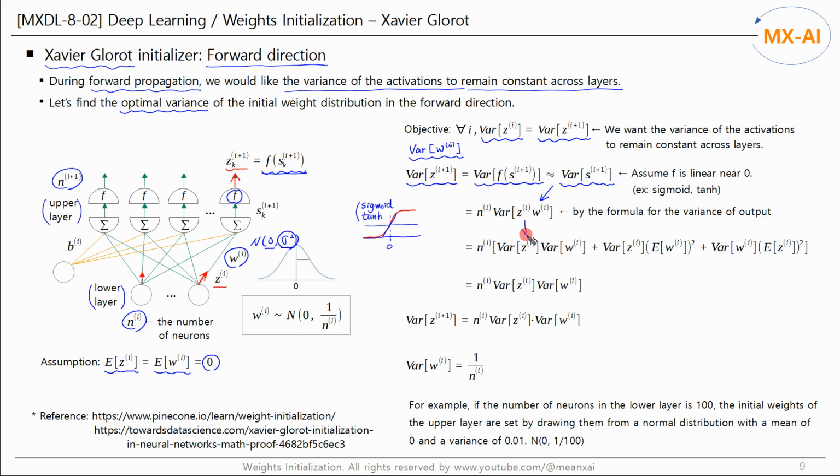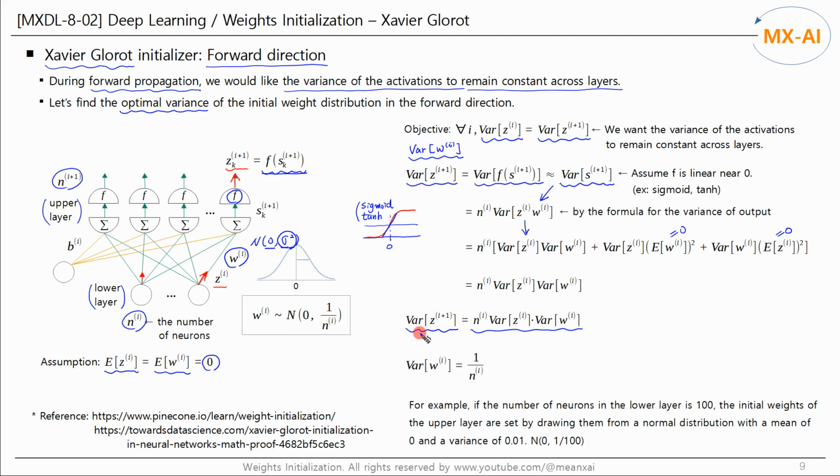Using the formula for the variance of the product of two independent variables, this can be written as follows. By the assumption, both the mean of W and the mean of Z are 0. Therefore, var of Zi+1 can be written like this.